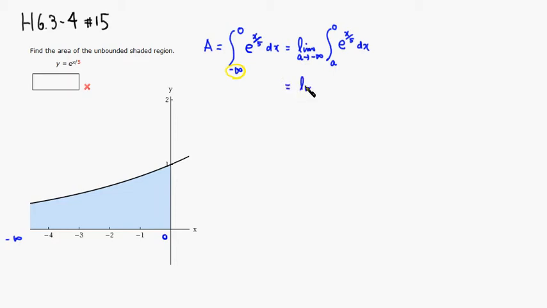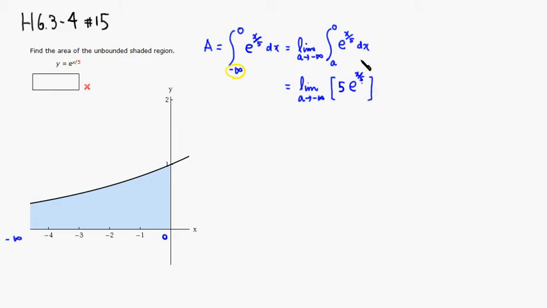So you have the limit as a approaches negative infinity, still here. Then the antiderivative of e to the x over 5 would be e to the x over 5, divided by the derivative of this, divided by 1/5. It's the same thing as multiplying by 5, so I'll just put that here.